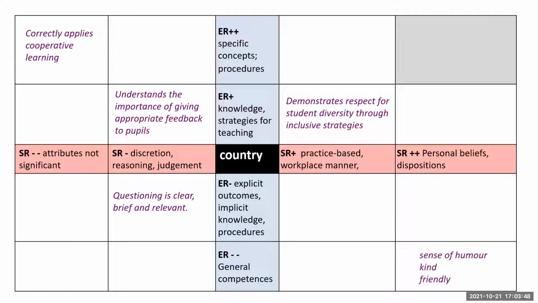Oh, thank you, Carl. I have a question about categorizing. Questioning is clear, brief, and relevant, in the lower left box. As I said, questioning is a kind of strategy.